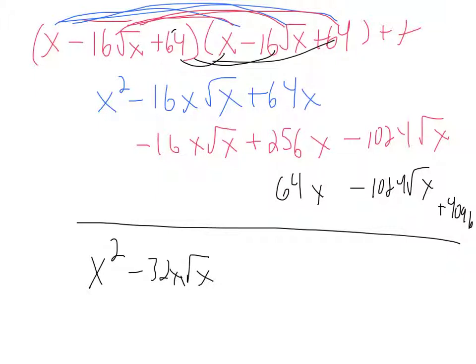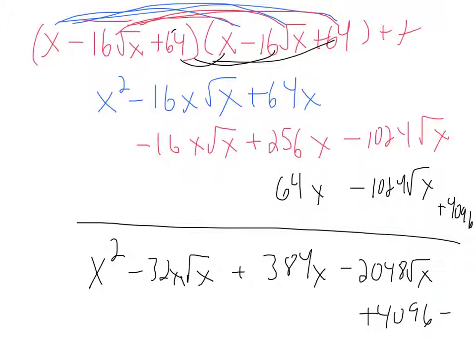And then I've got 64 plus 64 plus 256. That's giving me 384x. And then I've got minus 2048 root x. Then I've got that plus that 4096, plus I've got that 7 from original.